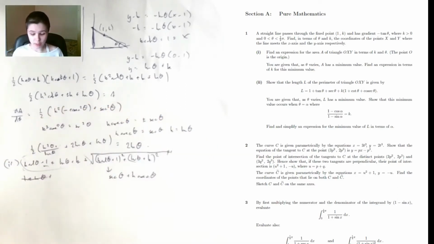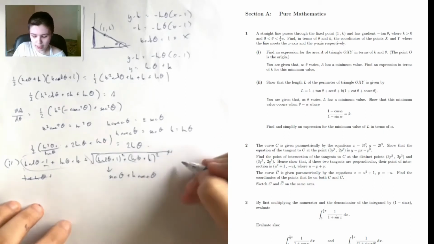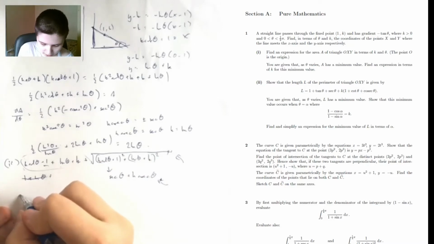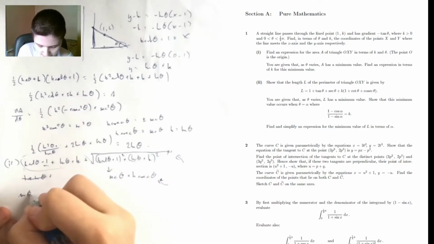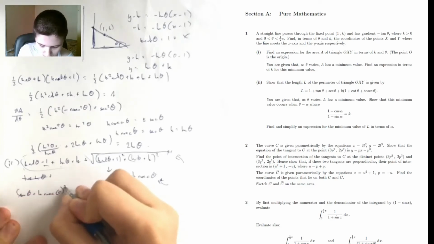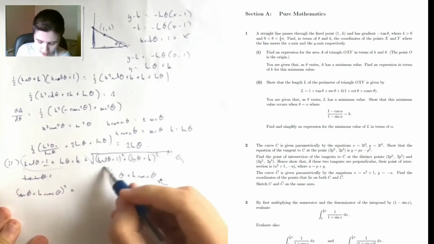So what I need to prove is that the root of all of this is equal to this, or as well, same thing, that (sec theta plus k cosec theta) squared is equal to the thing under the root.